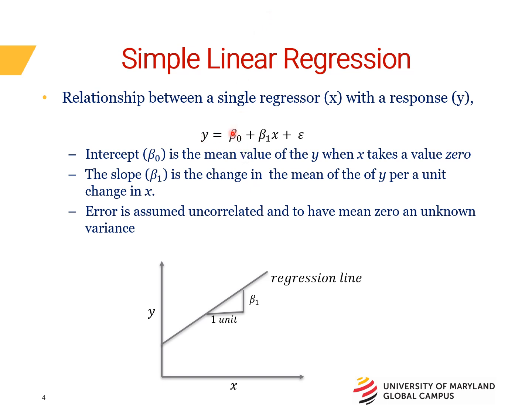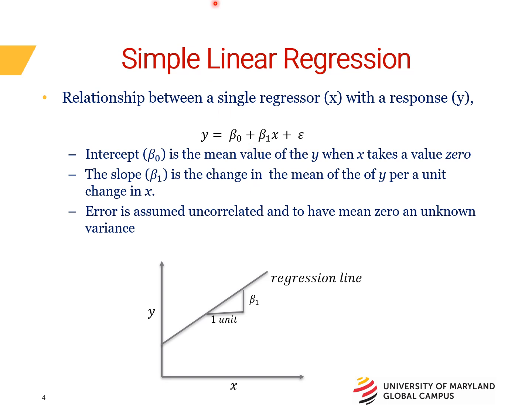The intercept beta 0 is the mean value of y when x is 0, if the domain of x includes 0. When the input becomes 0, the intercept is the value that the response variable takes. The slope beta 1 is the change in the mean value of y per unit change of the x value.